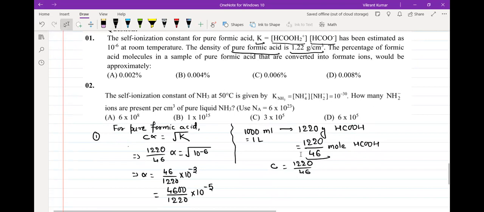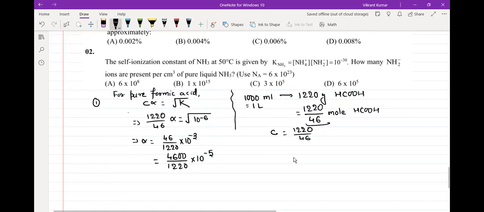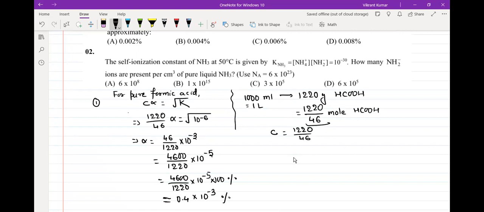And then we have to express it in percentage. So it will become 4600 by 1220 into 10 raised to minus 5 into 100, right? To convert the fraction into percentage, we'll convert that, and then if you see, this value looks very close to 0.4. It looks much more than 0.3, it looks like 0.4 into 10 raised to minus 3 percent.